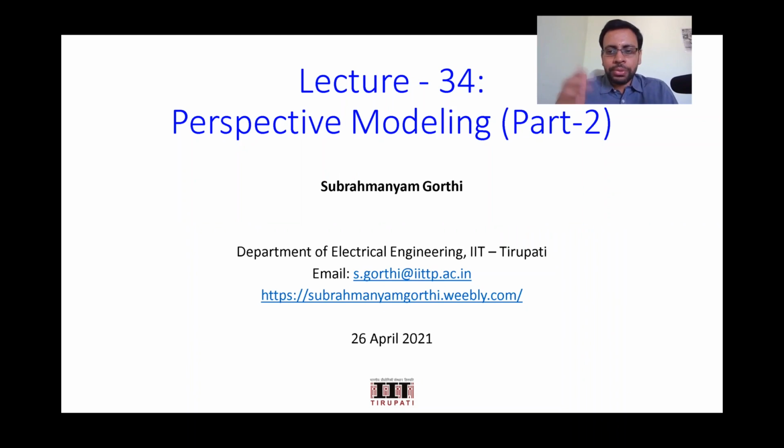We also derived the perspective transformation matrix, by multiplication with which you could get, for a given point xyz, where it goes on the projected 2D plane. So that's what we discussed in the previous class.